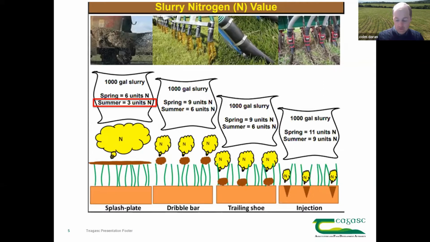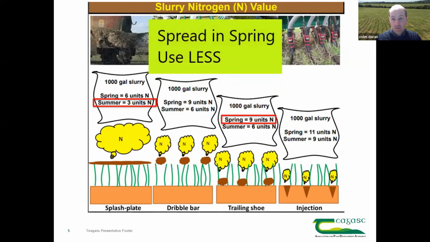So we should be targeting to spread our slurry in the spring. And second, we should be treating low emission slurry spreading as a given, with the fertilizer cost we have, just to get bang for your buck right now. So just two things there: spread in the spring and use low emission slurry spreading equipment.